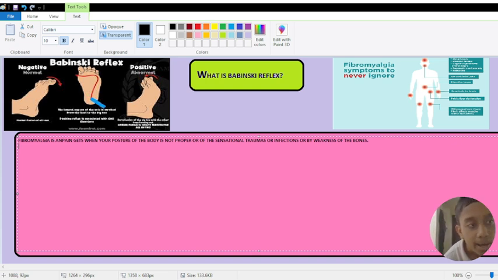Babinski reflex is a reflex which we use when we are suffering from central nervous system problems, like paralysis, where some body parts like fingers are not working.